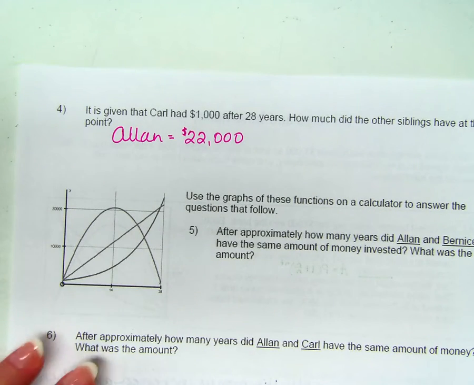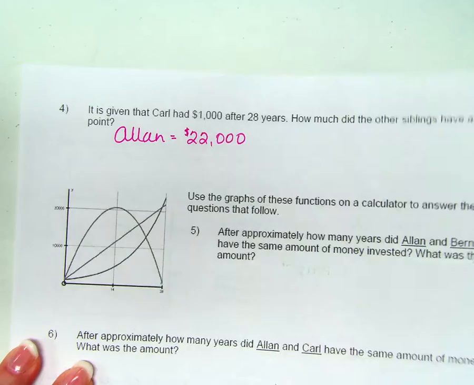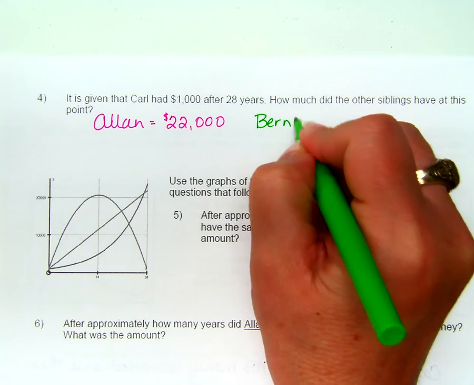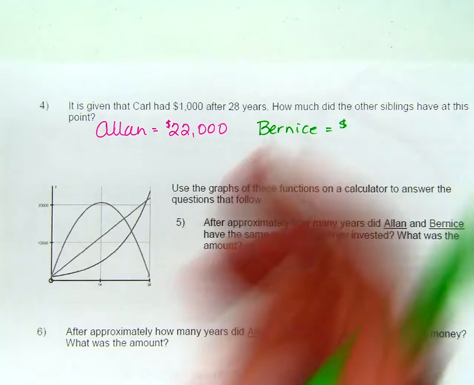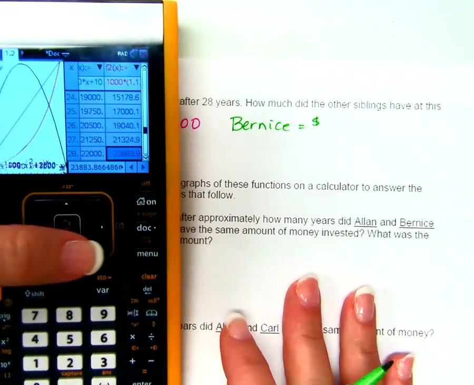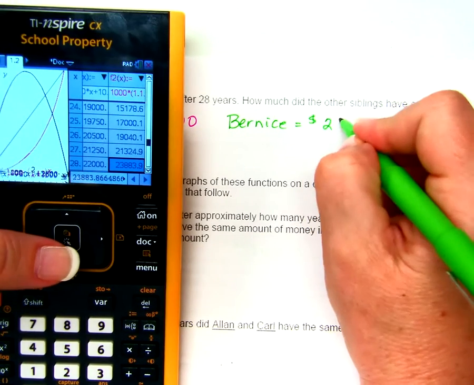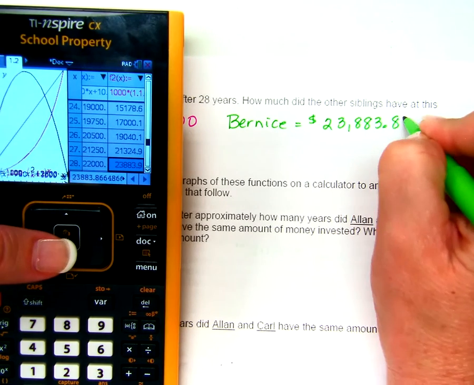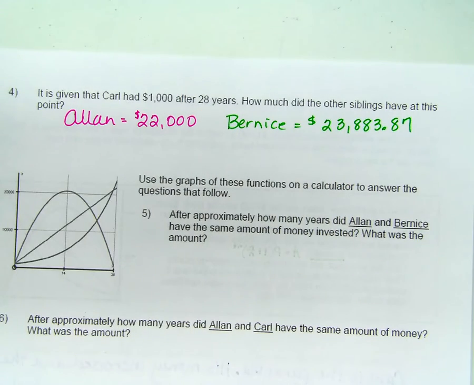And how much did Bernice have? $23,883.87.